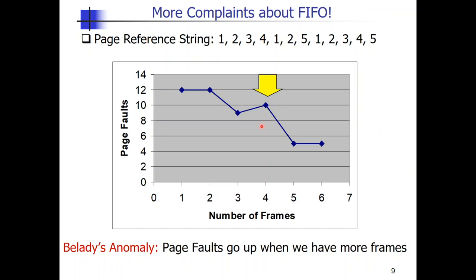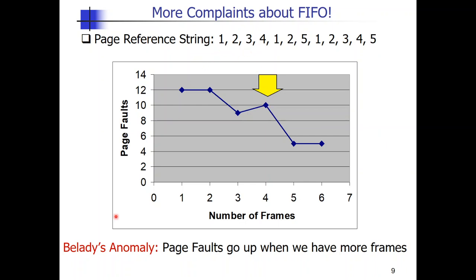In our previous example, the number of frames was 3. If we had 4, 5, 6 frames, we can fit more pages in, so we should have fewer page faults. But for a particular reference string, it is possible that we might have an increase in the page faults.